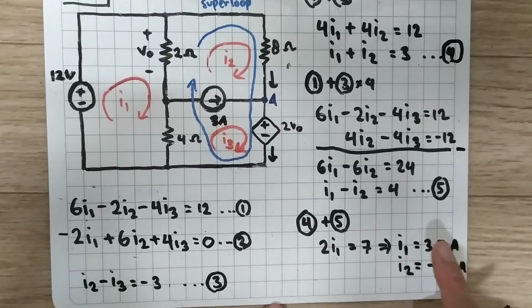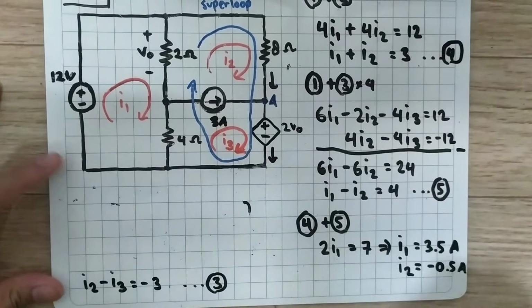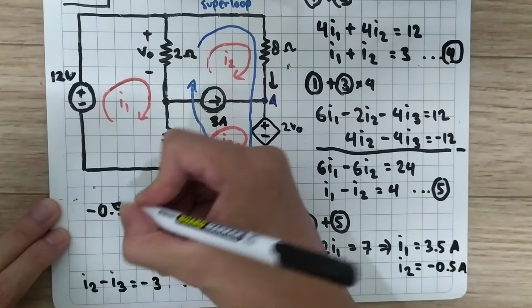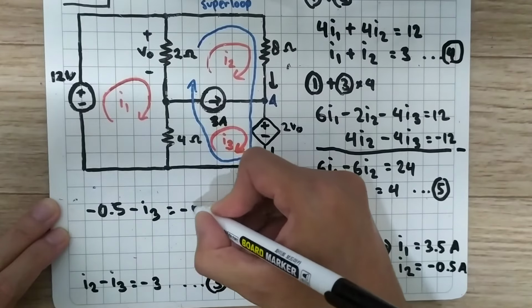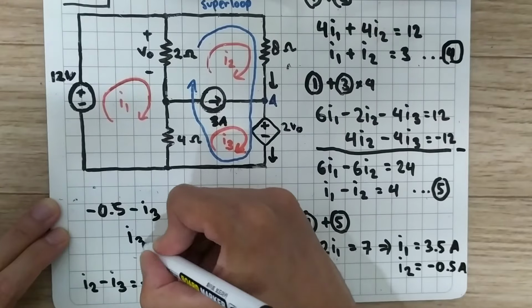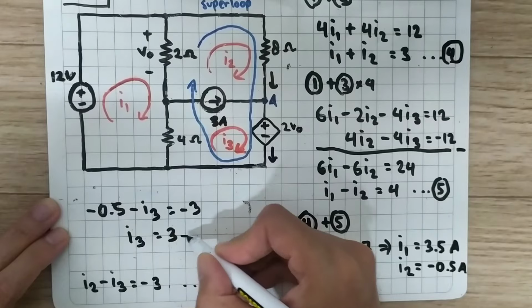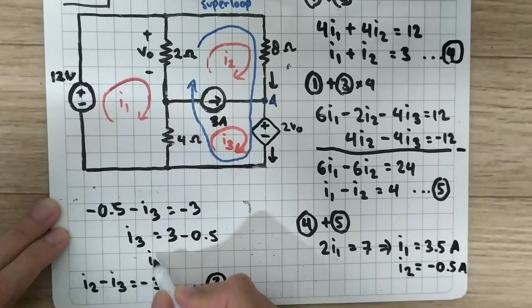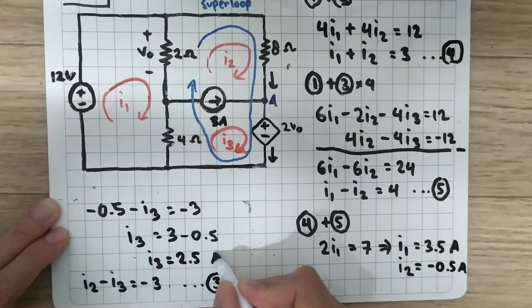Okay, we have I1 and I2. Now we can get I3 from there. We have I2 is negative 0.5 minus I3 is equal to minus 3, so I3 will be 3 minus 0.5, so we will have I3 is equal to 2.5 ampere.